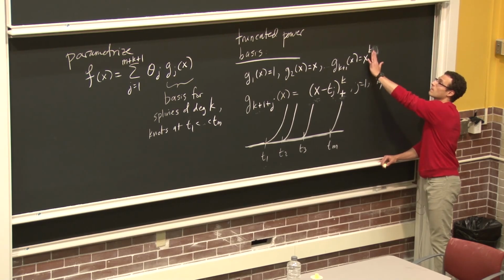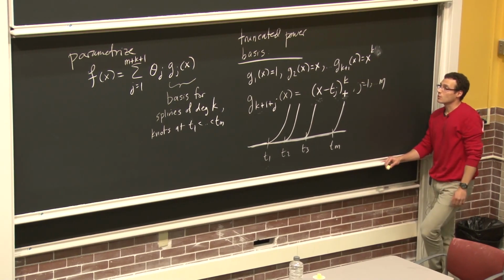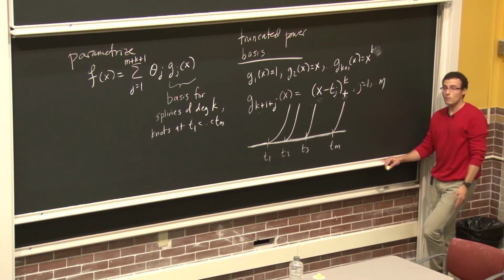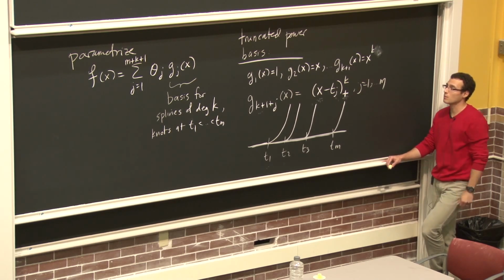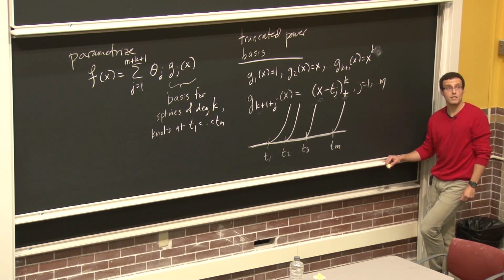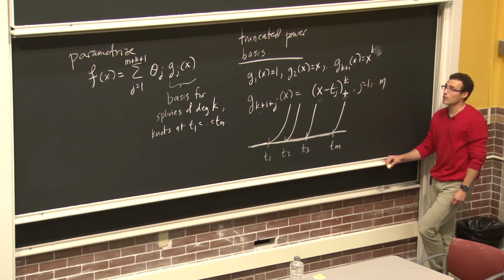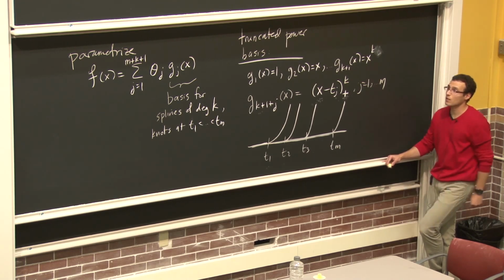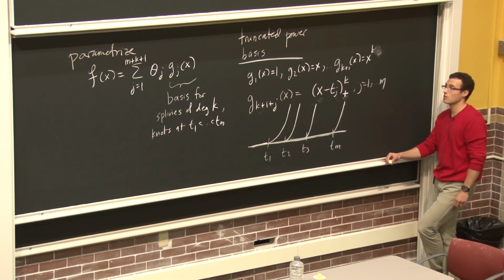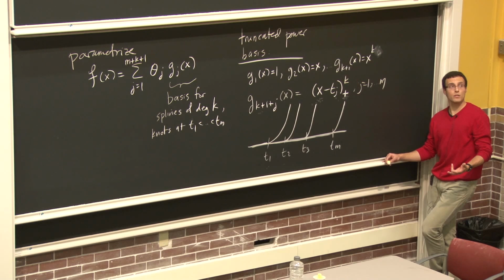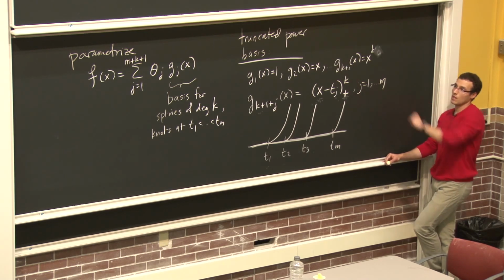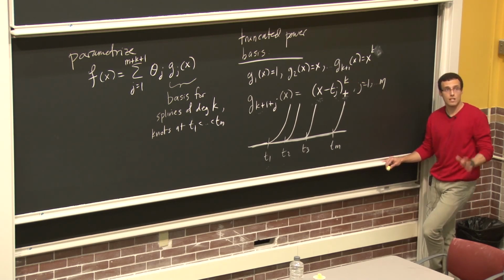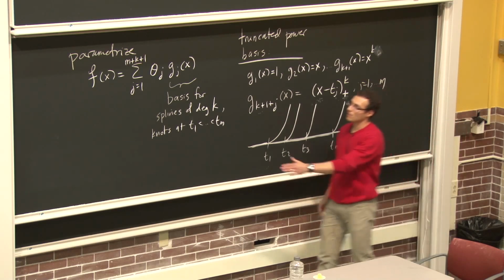So it's a standard homework problem for a class on numerical analysis or something that studies splines, to prove that this actually spans the space of splines of degree k with knots at these points. So I'll let you think about that. I think maybe the notes have a few pointers as well. In other words, if you give me any spline whatsoever, I can always represent it as a linear combination of these functions, as long as that spline has degree k and knots at these points.